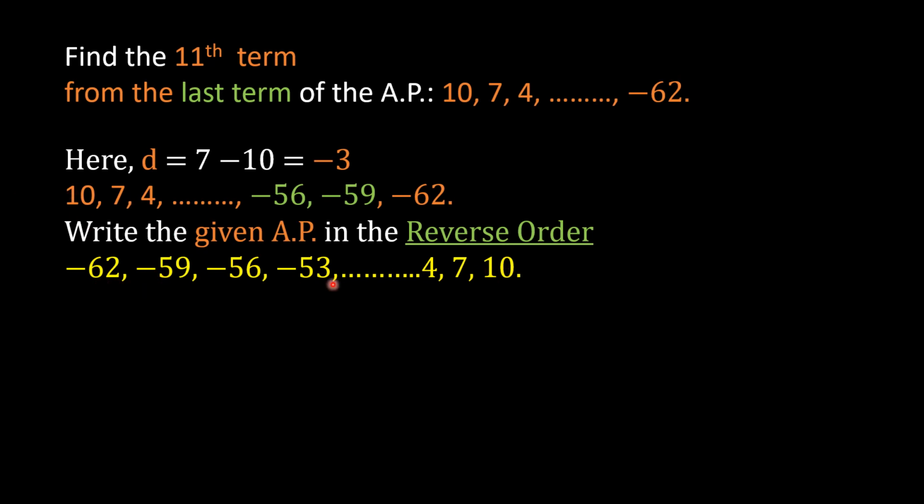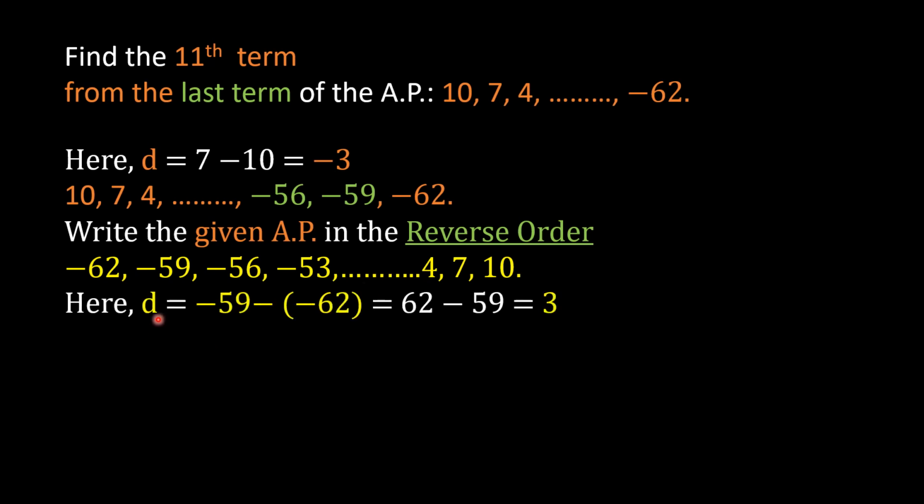Now for this AP we have common difference d = −59 minus of −62, which will be, minus of −62 will be 62, 62 − 59, which will be 3. a_n will be a + (n − 1) × d.